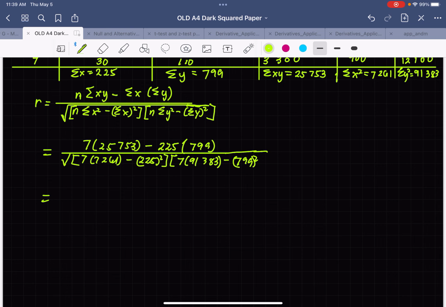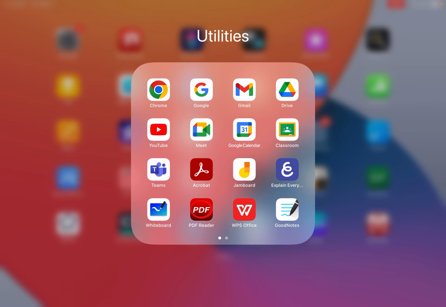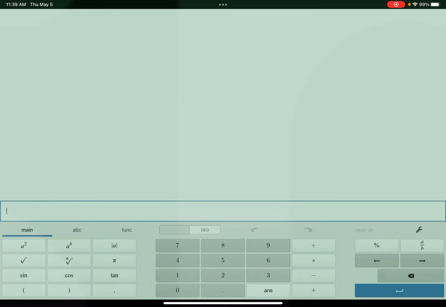Actually, we can easily find the value by typing it in the calculator. You can use the Desmos calculator.